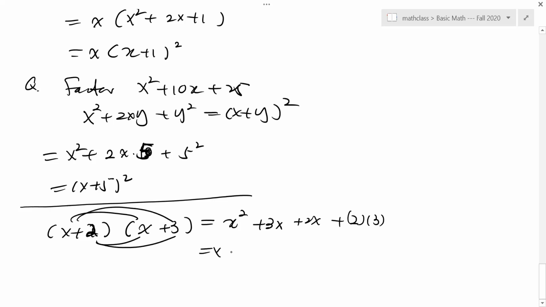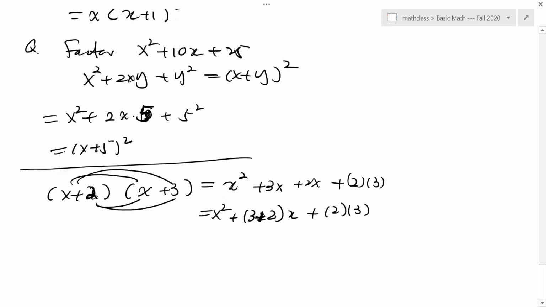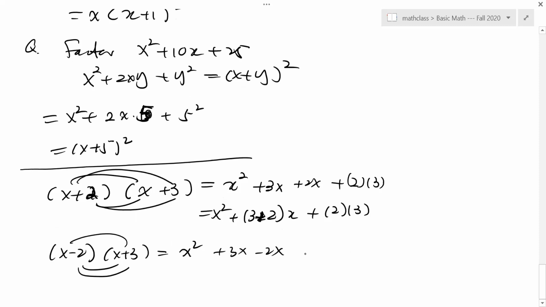So the middle is 2 plus 3 x, and the last term is 2 times 3. Now, if I change the sign, then I get x squared and 3x and negative 2x and 2 times negative 3.